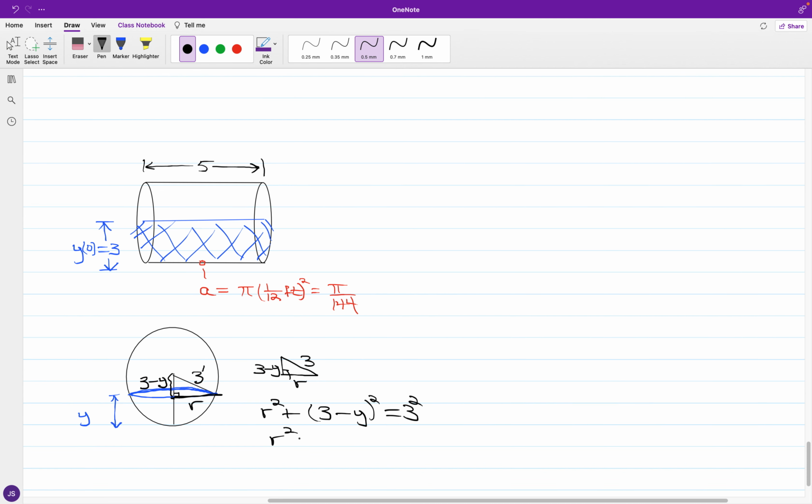So I have r squared plus 9 minus 6y plus y squared equal to 9.